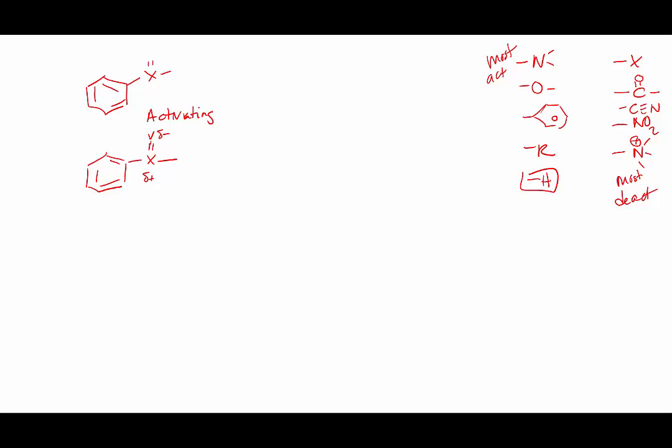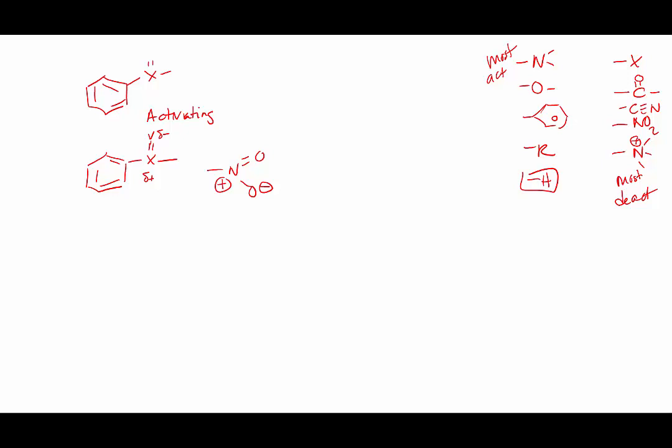Right, that'd be a C double bond O, it would be a C triple bond N. It would be even an NO2 because it's N double bond O with a single bond to the O. Because there's the structure of a nitro group. So what I'm going to do is use these activating groups to model most of the molecules that are on this table.